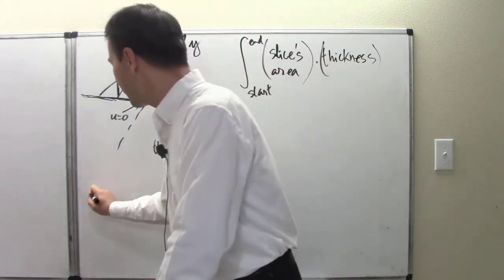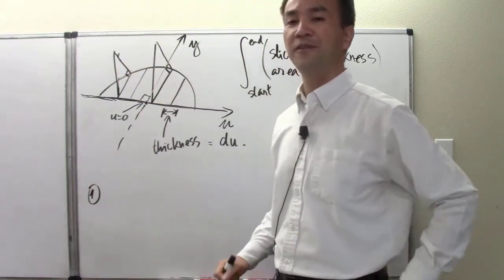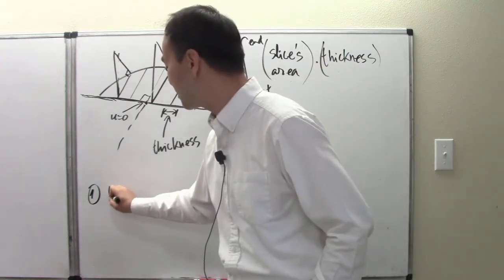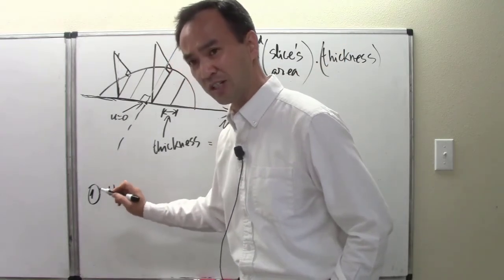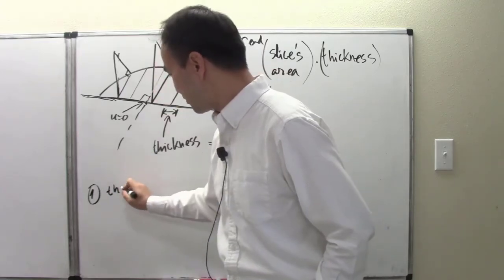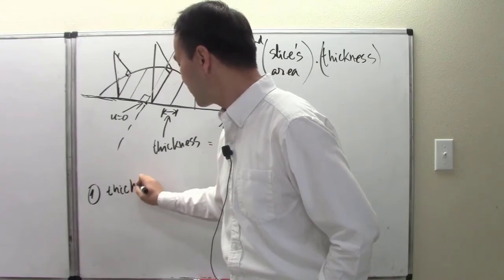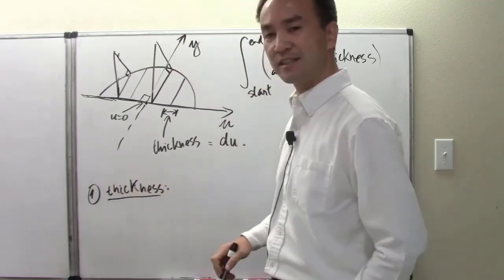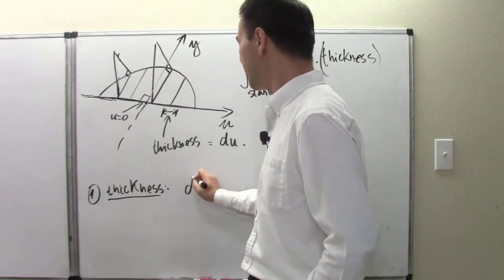My first step, personally recommended, is to identify the thickness of each stripe, which becomes each cross section. The thickness of each cross section in the picture is called du.